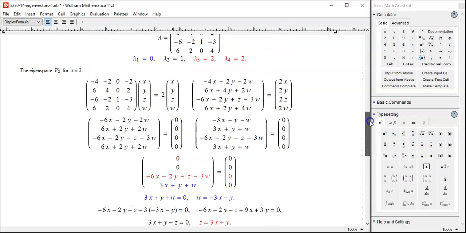So let's go back here. Set up the system of linear equations basically. Matrix times the vector is eigenvalue times the vector, and then set up the system of linear equations. It took some time solving it because there are four unknowns and four equations.